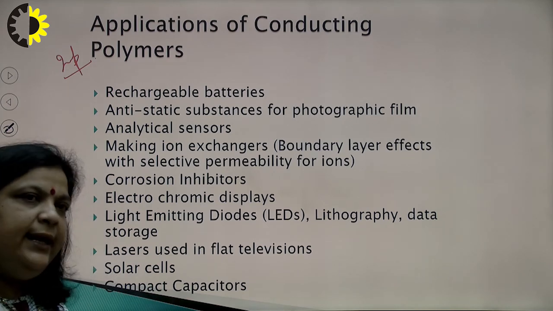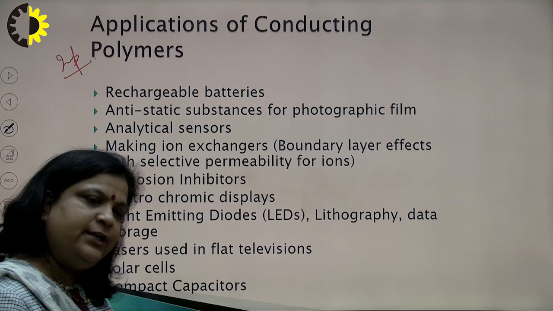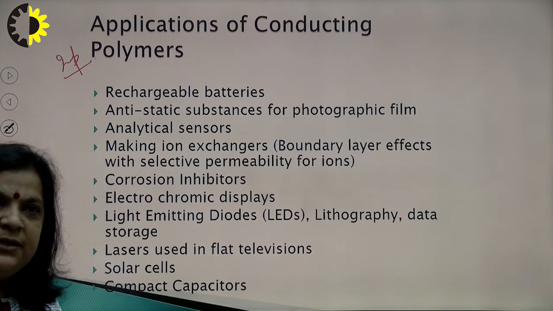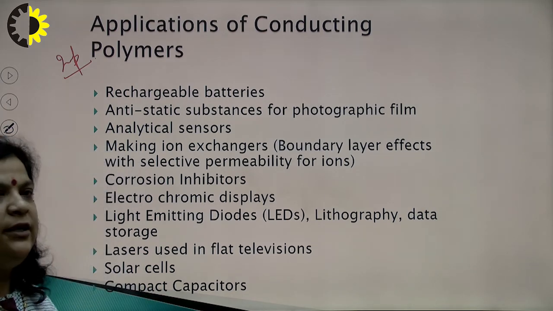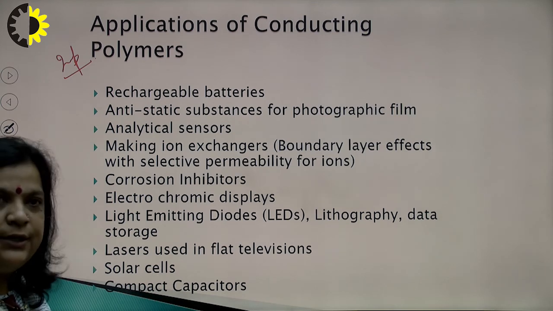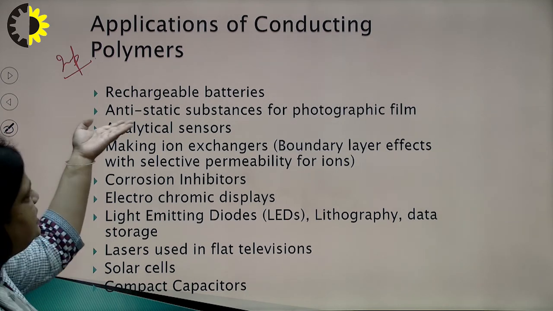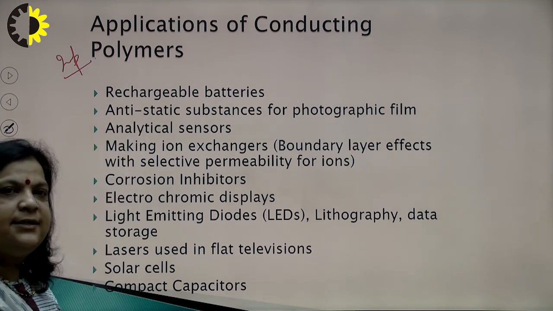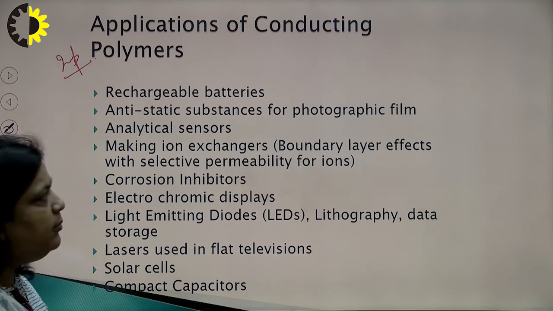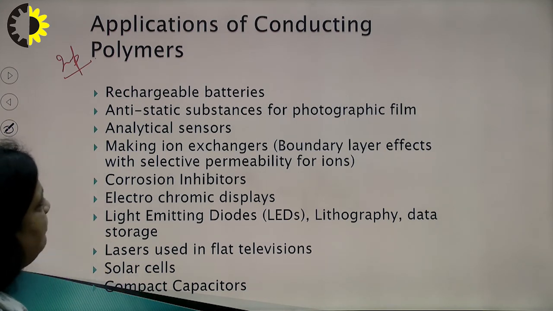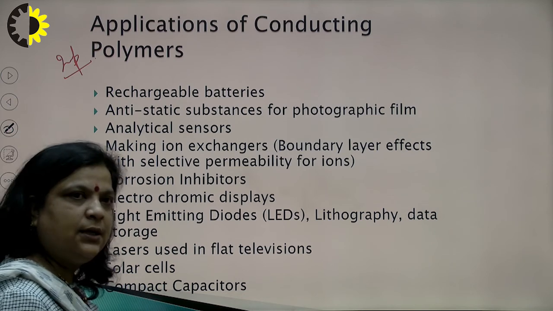Normal polyaniline, but in reductive or oxidative condition it shows the emeraldine base condition, and after protonation it shows the emeraldine salt condition. So, first it is used in rechargeable batteries. Second, it is used as an antistatic substance for photographic film, and for this purpose polypyrrole can be used.